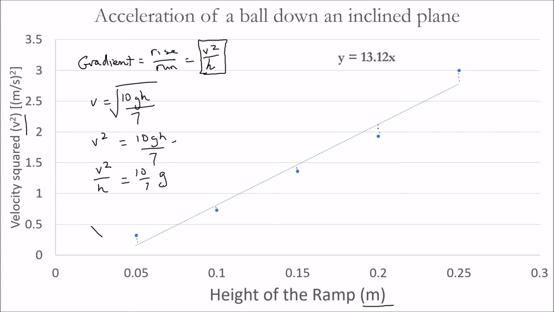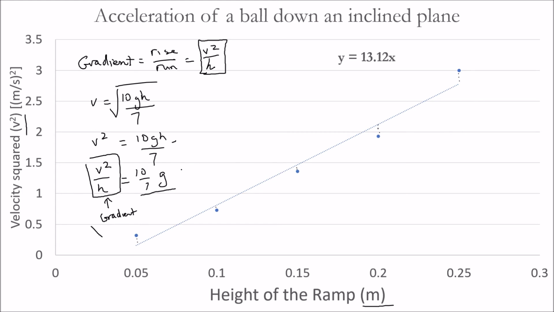Well, have a look at that. What we actually have here right now is our gradient value. And this is obviously little g, which is acceleration due to gravity, and then 10 over 7, which is a constant.